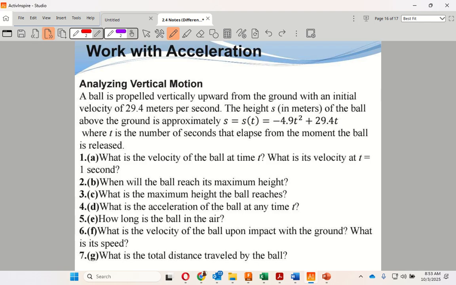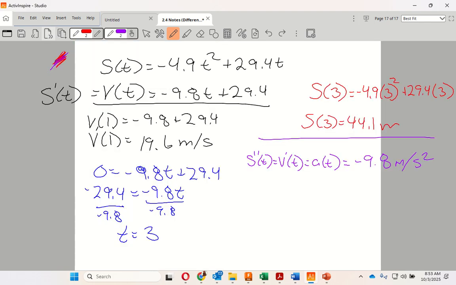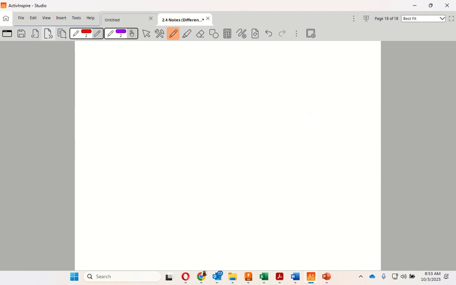So I'm going to take my S and set my position equal to 0. If my position is equal to 0, do they have a common factor? They have a t.